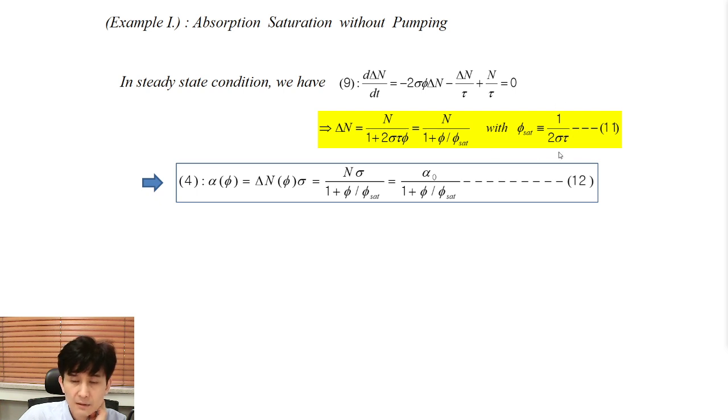The saturation photon flux is a very important and measurable quantity, and it can be represented by two atomic parameters: sigma, which is the cross-section of the atom, and tau, which is the lifetime of the spontaneously emitted photons from an atom.